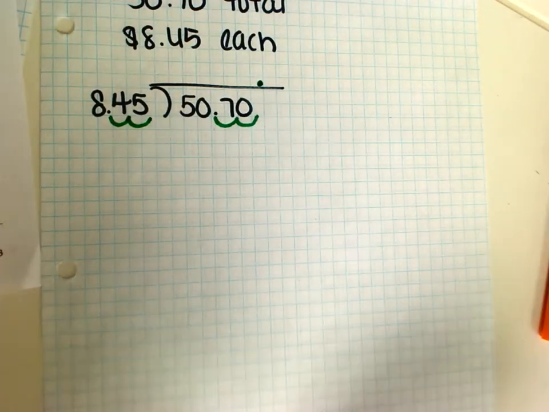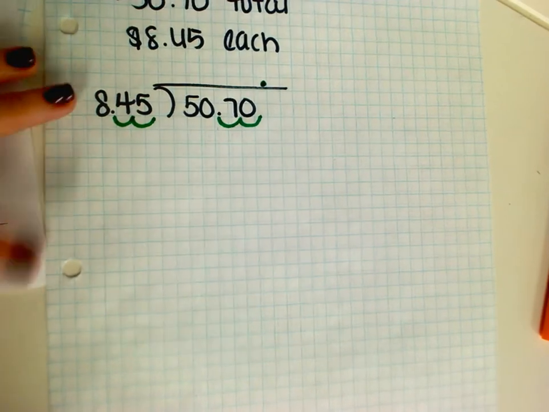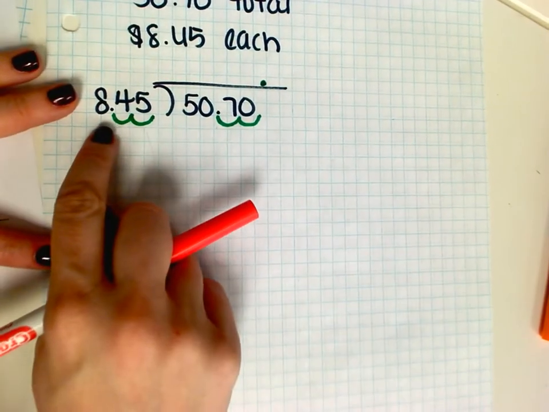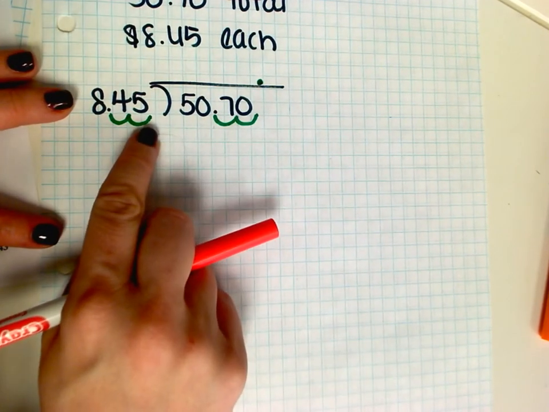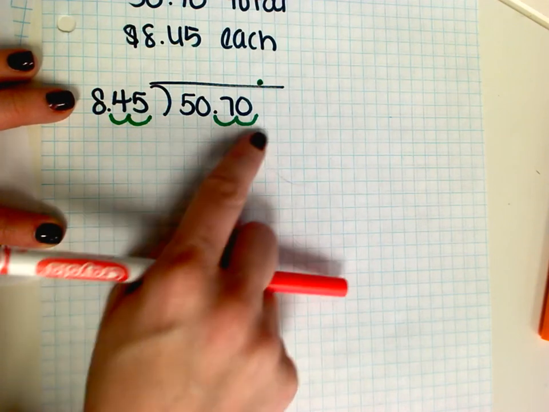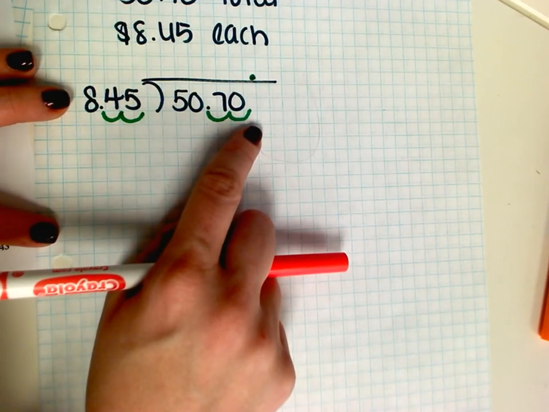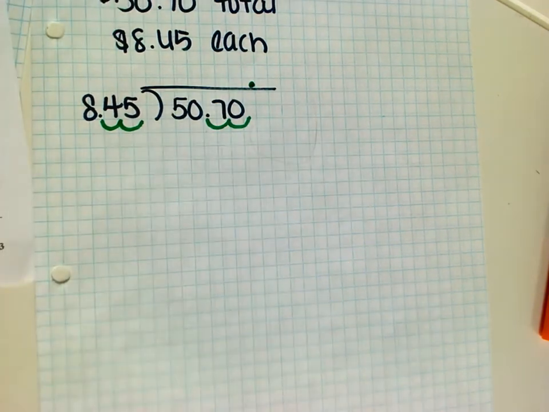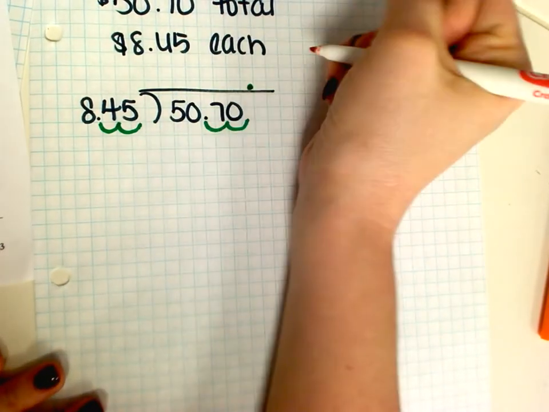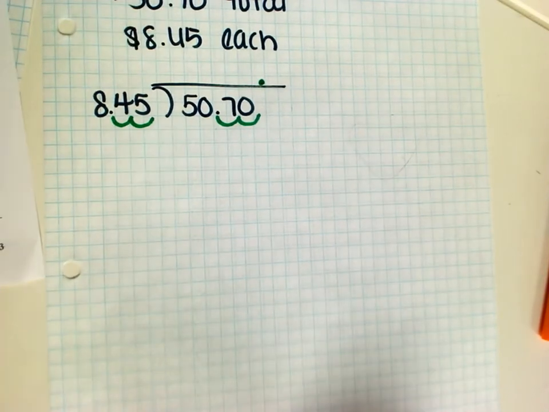Okay, now this is not that easy because now I'm dealing with 845, and how many times I think it goes into 5,070. So where do you think would be a good place to start? What would you start with?